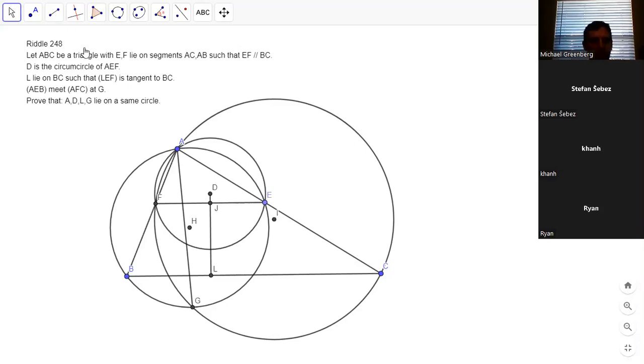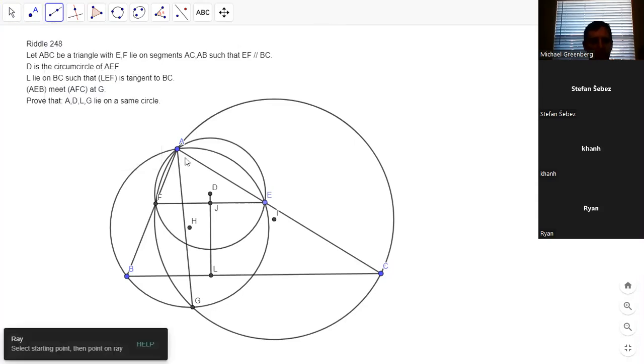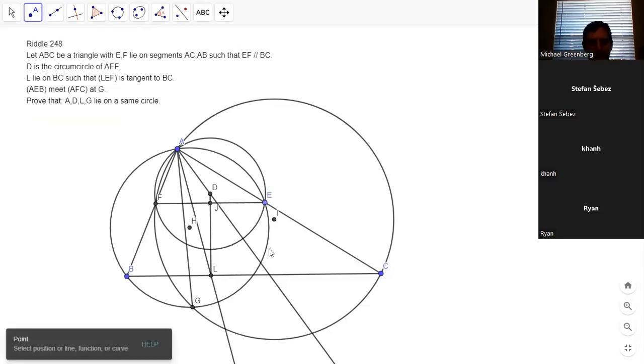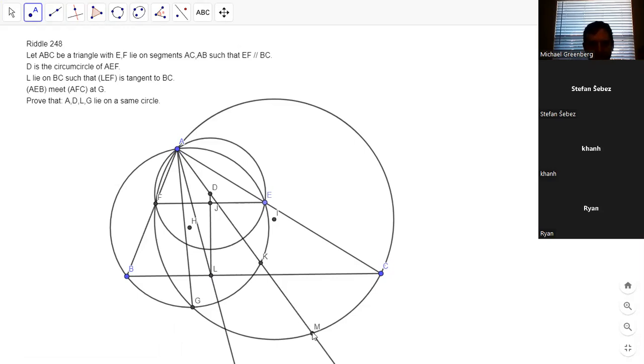So I think there's another way to phrase this. So the ratio of the powers of D with respect to both circles is going to be AK over AM.